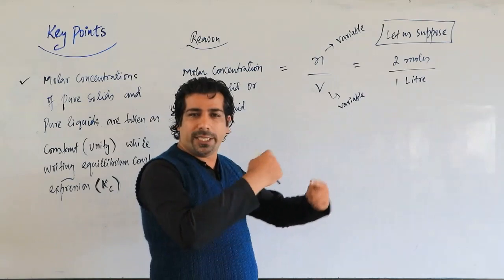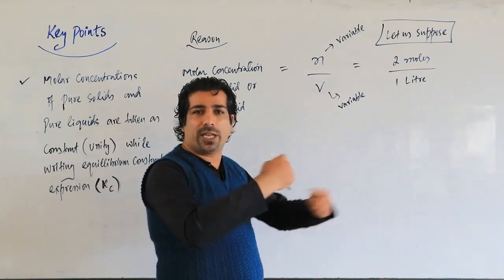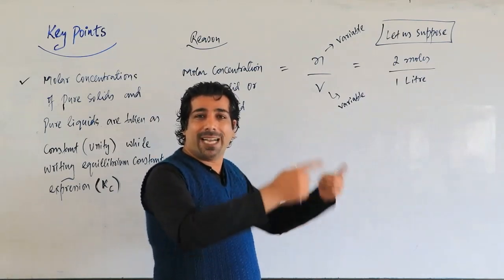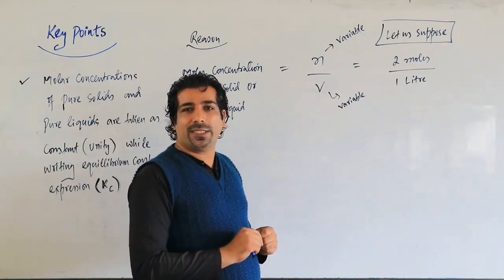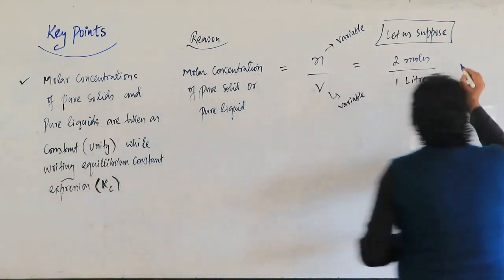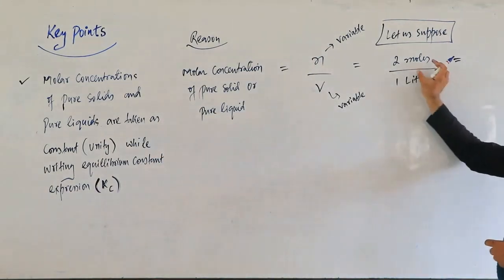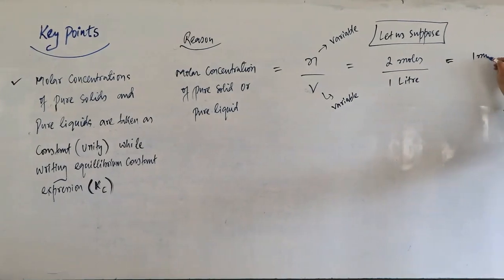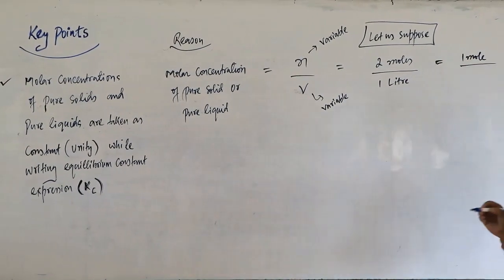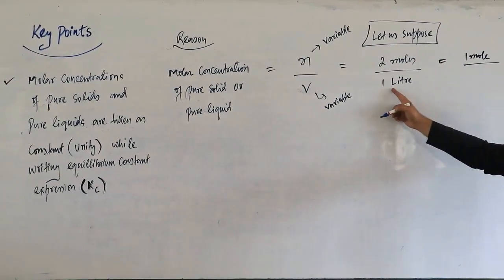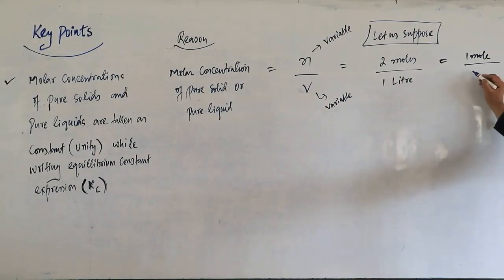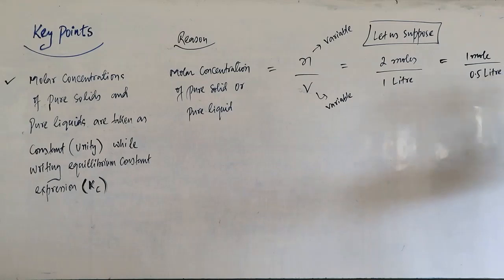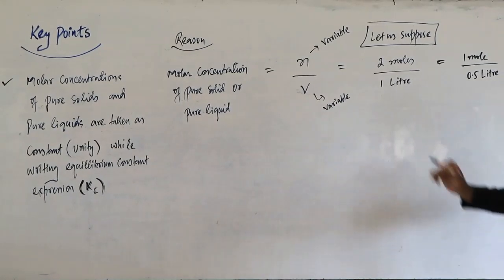When the number of moles of solid or liquid decreases, then the volume will also decrease accordingly. So let us suppose in a chemical reaction the 2 moles have changed into 1 mole. Okay? And the volume has also decreased, my dear friends. The volume has decreased to 0.5 liters. Yes, I know. Now you look here.